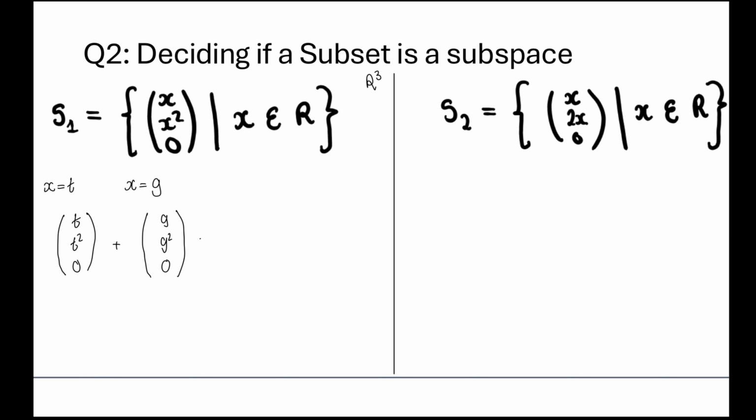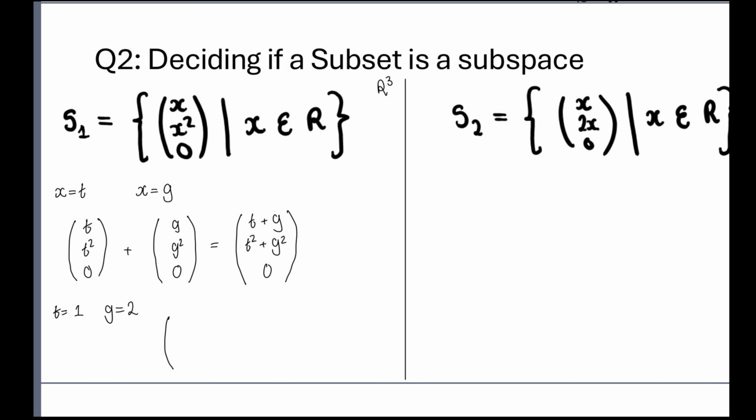If we now add these together, we get (t plus g, t² plus g², 0). So now if we say that t is equal to 1 and g is equal to 2, we get 1 plus 2, which is 3, and then 1 squared plus 2 squared, which is 5, and then 0. So looking back at this, we can see that x is equal to 3.